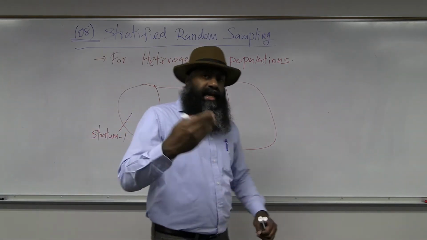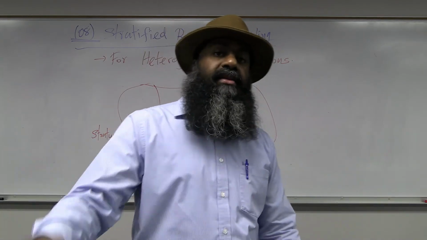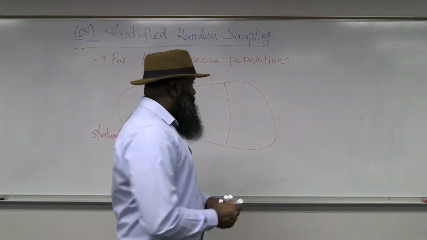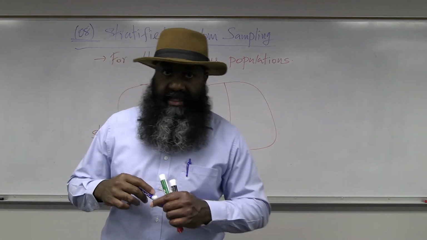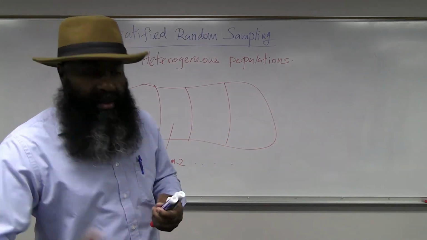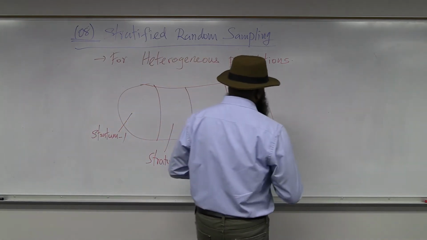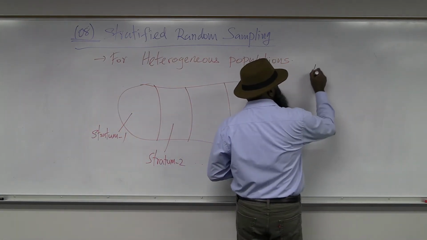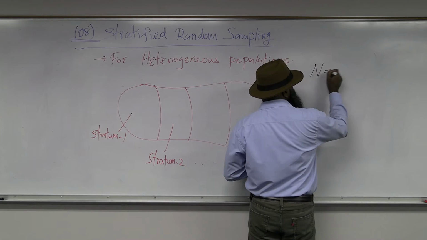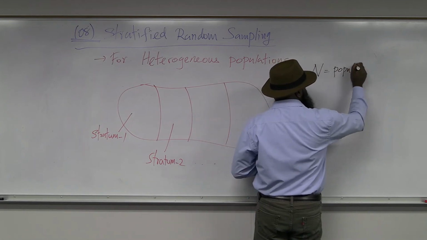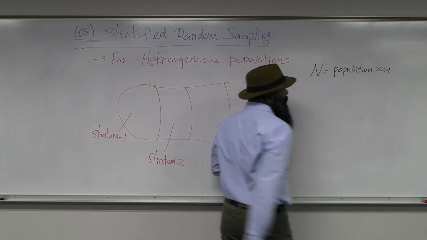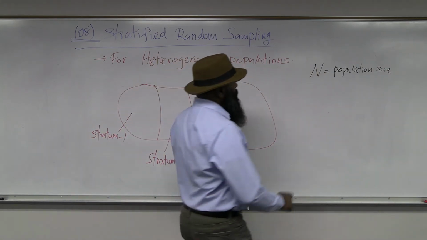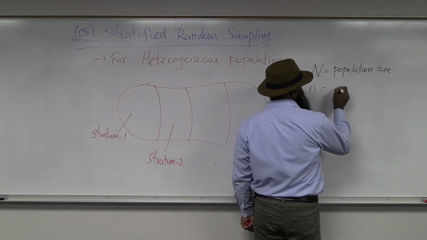Now, the population size is given by what letter? What is simple n? Simple n is not for the population size. It is for the sample size, simple n. For the population size, we use uppercase N. This is population size. For the sample size, we use the lowercase n.